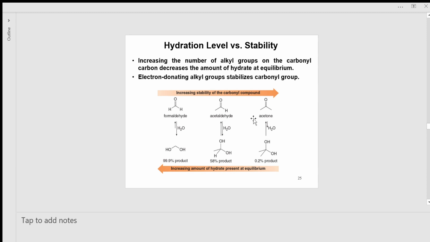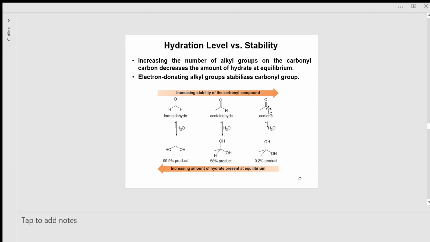A second reason I shared with you before is because of the charge. These two methyl groups are electron donating groups. They donate electrons to the carbon. This carbon bears a partial positive charge. When you have a positive charge, you're not stable, but you have two good neighbors helping to stabilize you.